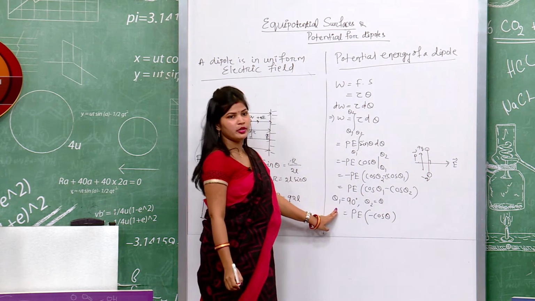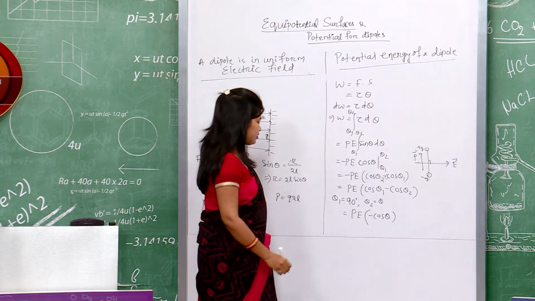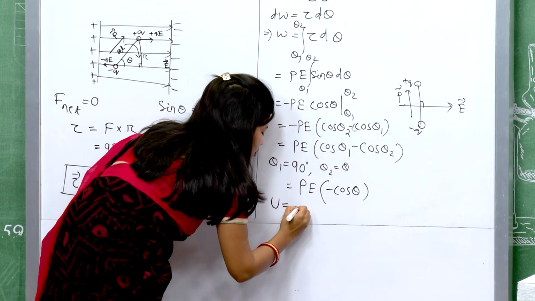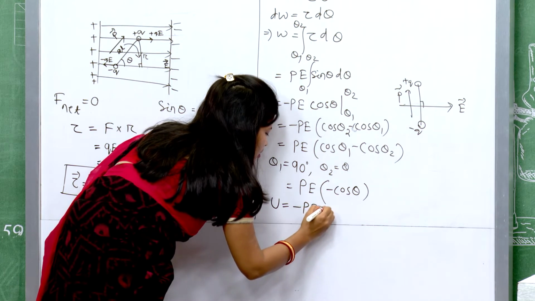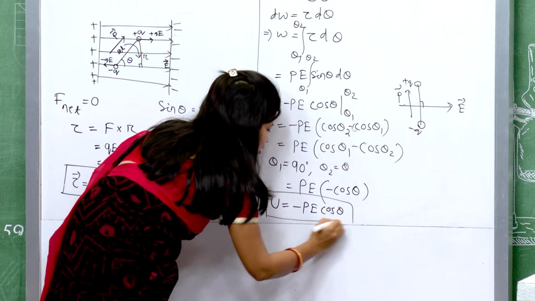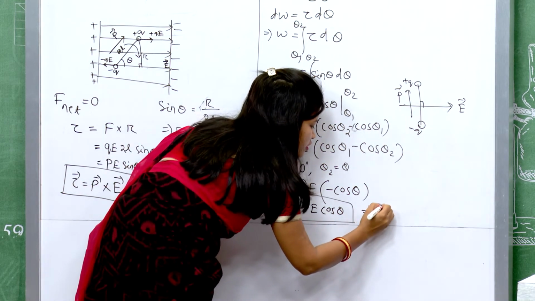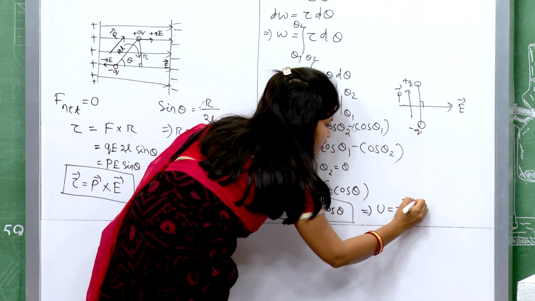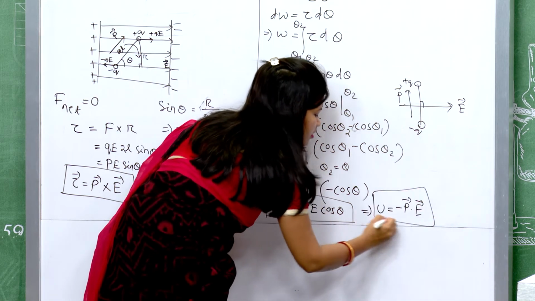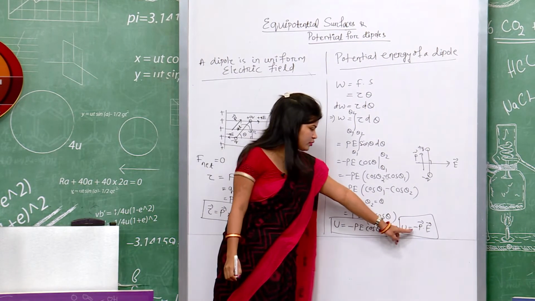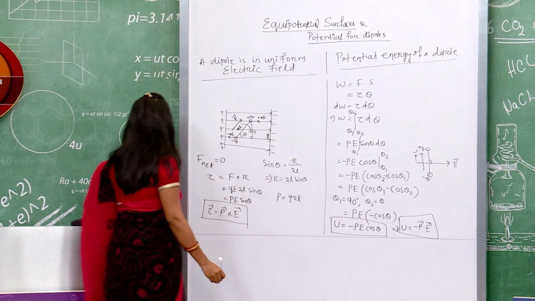So this is nothing but our energy. So energy U is equal to minus PE cos theta, or I can write U is equal to minus P dot E.